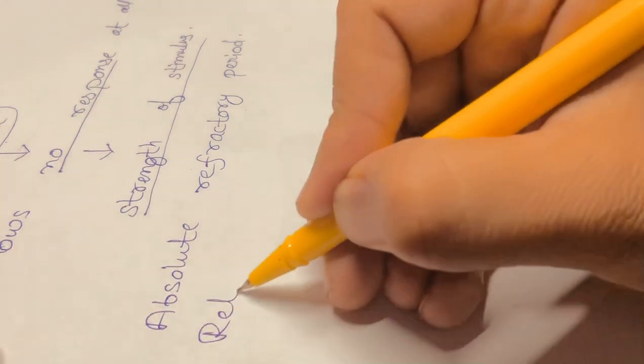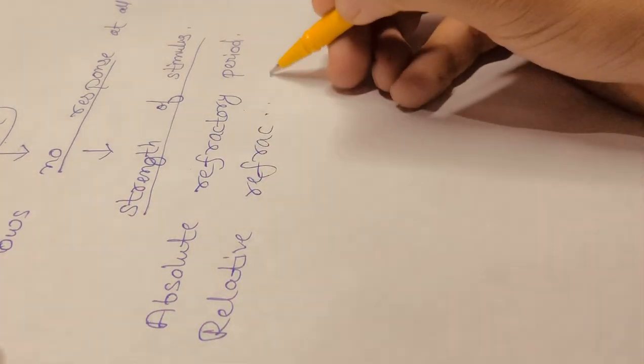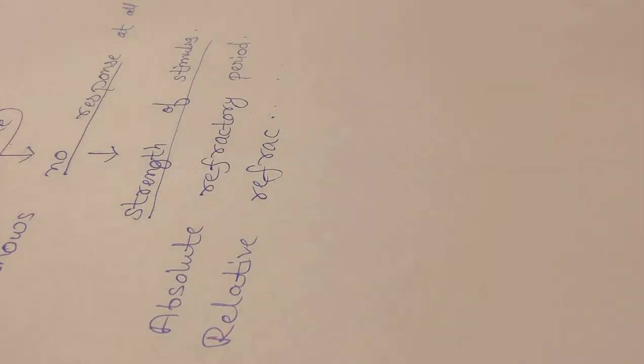But second, we have the relative refractory period. In the relative refractory period, the muscle can show a response when we have a suprathreshold stimulus. That means a stimulus which is at its maximum, at its peak, may cause a response.